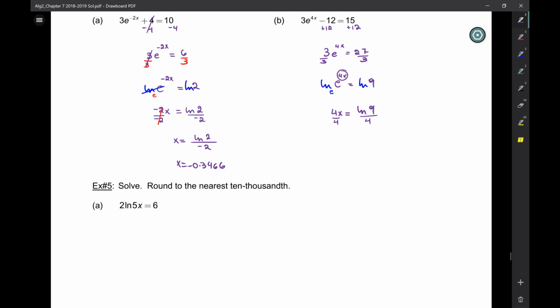And now there are lots of different ways of writing this. I can write this as ln of 9 over 4. Another way to write it is 1 over 4 ln of 9, right? Is that the same? Yeah. Another way to write it is ln of 9 to the power of 1/4.